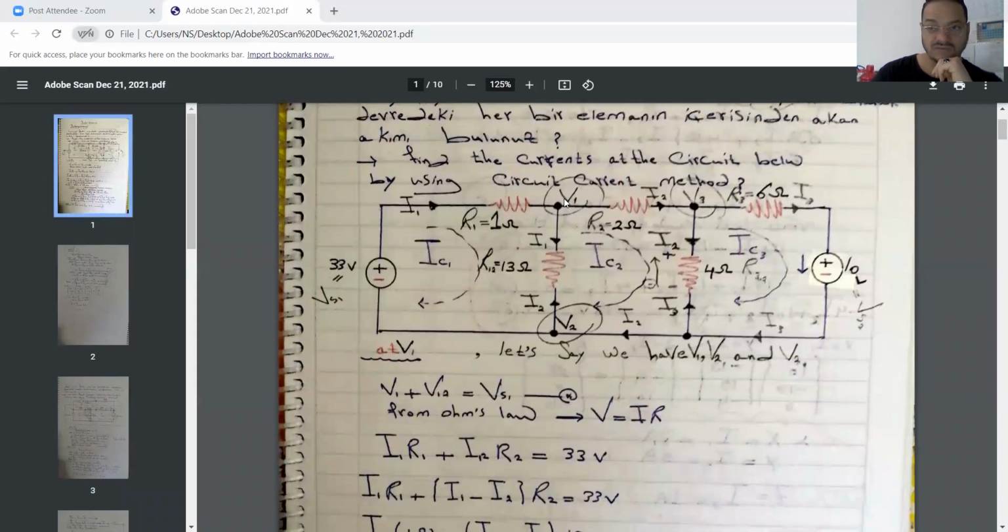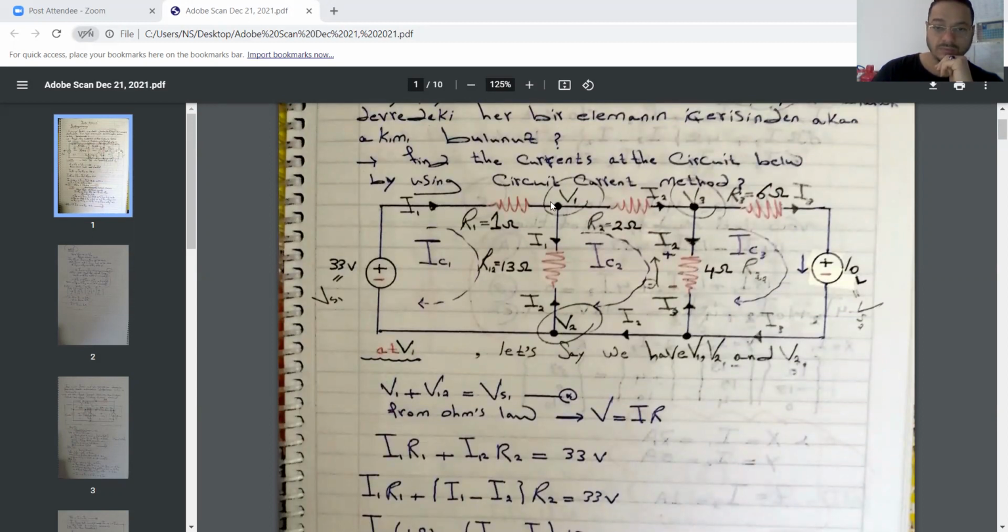For example, I will start from V1 and after that from V2, like in the previous lecture when I was talking about loop 1, loop 2, loop 3, something like that. Here, we will start from V1.